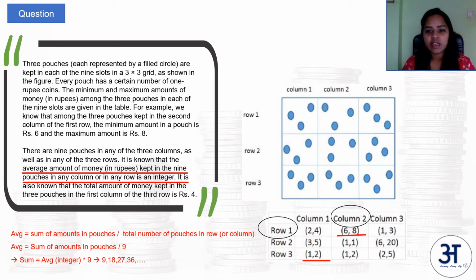Okay, and we have that the sum of the money in 3 pouches in column 1 and row 3 is 4, and we have minimum as 1 and maximum as 2. So the missing one, that is the third pouch, should have 1 rupee, so that the sum will be 4. So now let's begin with this.